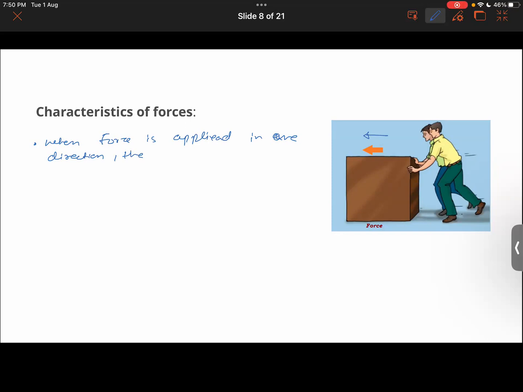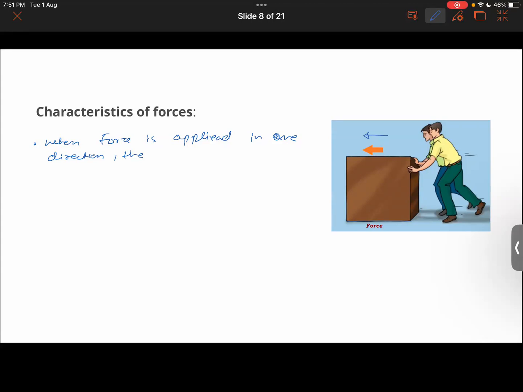Two boys are pushing this object. When will it start to move? When the amount of force applied by these two boys overcomes the frictional force. They must apply a force greater than the frictional force between the object and the ground, and then only the object will start to move.